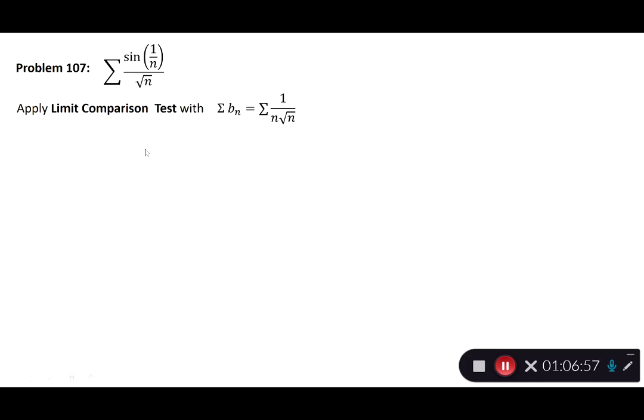Okay, let me add some clarity to this. If you have sine of 1 over n over a square root of n, look at that 1 over square root of n, right? Now what you want to do is, for b sub n, multiply this by another n in the bottom.